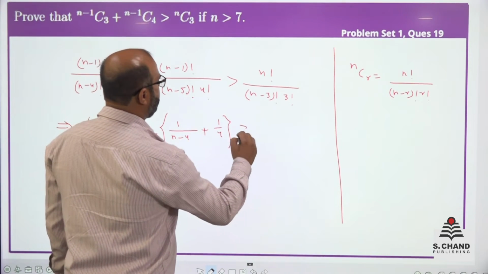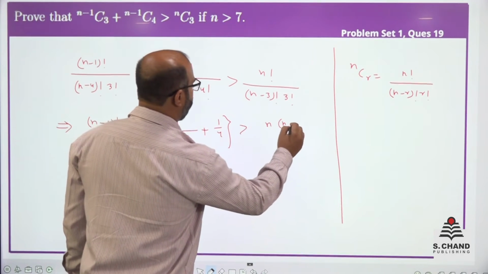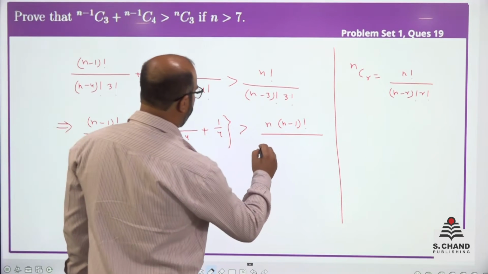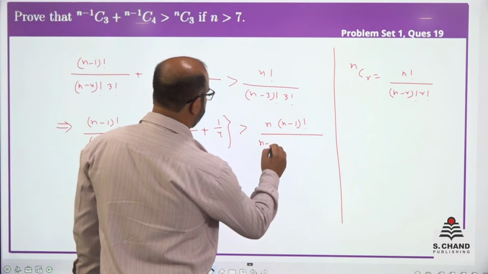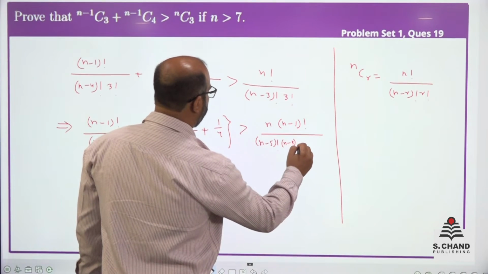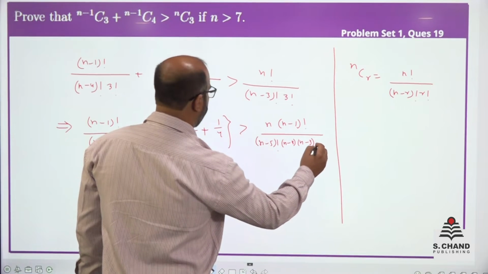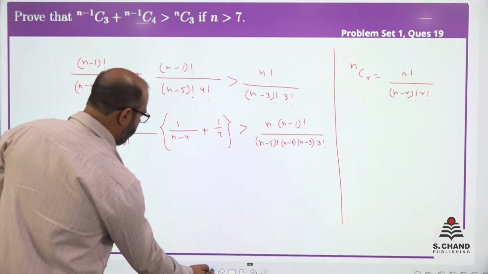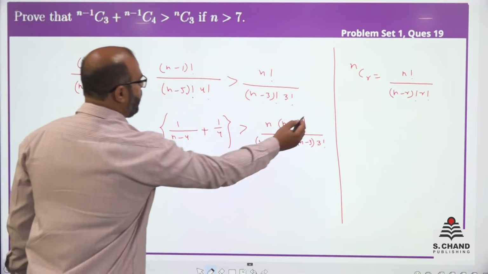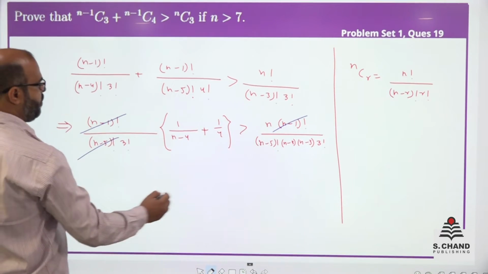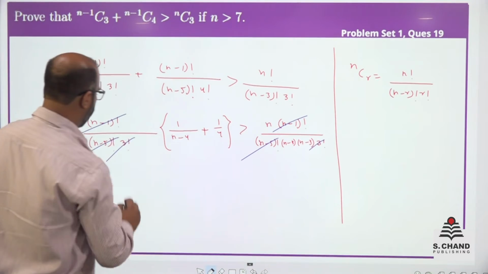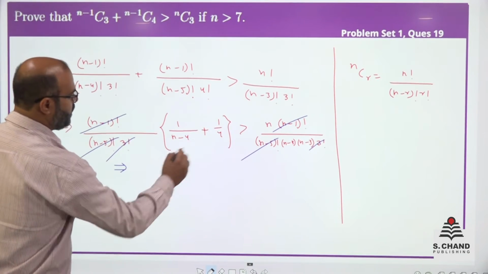On the right hand side it is n into n minus 1 factorial upon n minus 3 factorial, written as n minus 5 factorial into n minus 4 into n minus 3 into 3 factorial. Now when you divide, n minus 1 factorial, n minus 5 factorial and 3 factorial will get cancelled. So in the next step let us take LCM.